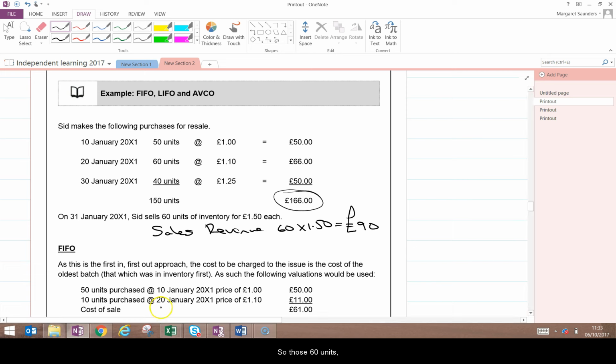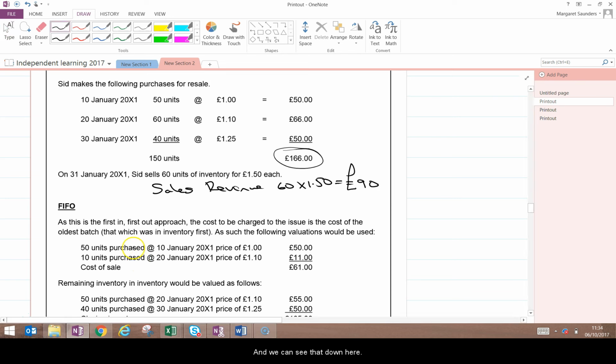So those 60 units, if we are to use FIFO, first in, first out, then we would say that those 60 units sold by Sid consist of the 50 units that he paid £1 for, because those were the first ones he received, and then 10 from his second delivery that he paid £1.10 for.